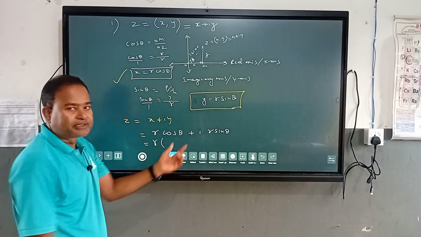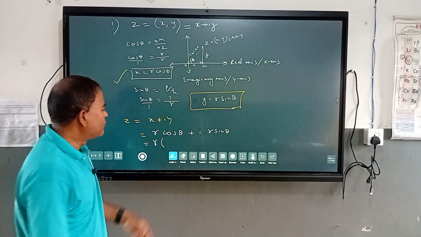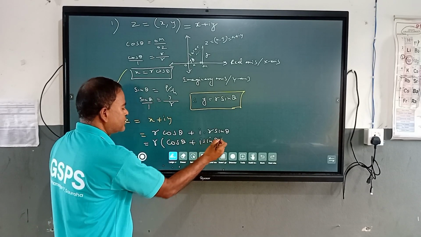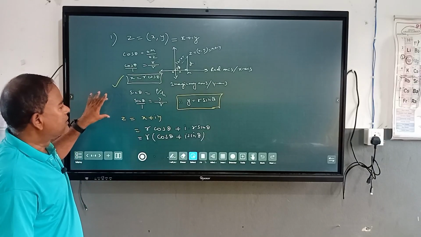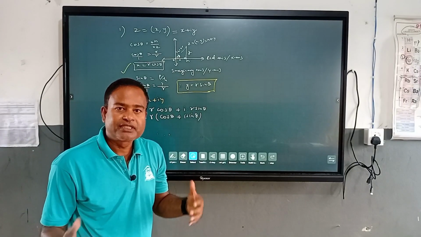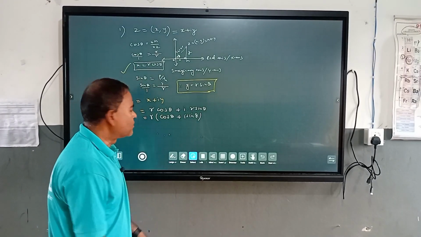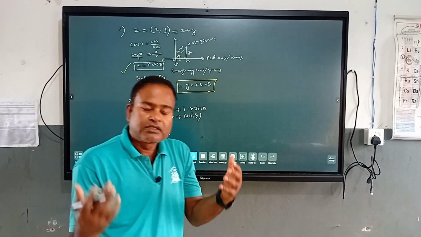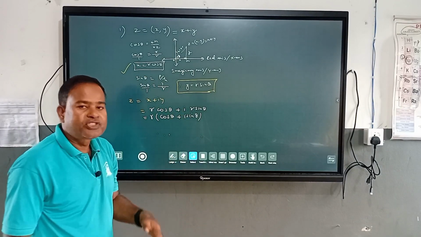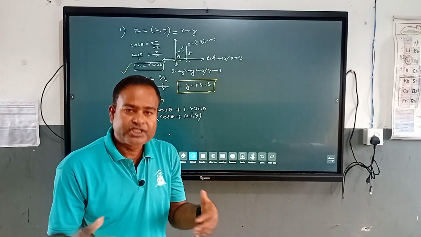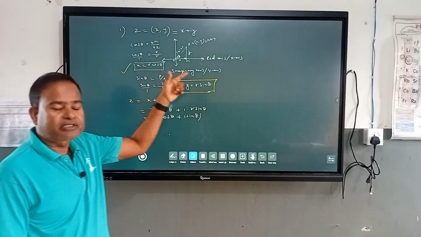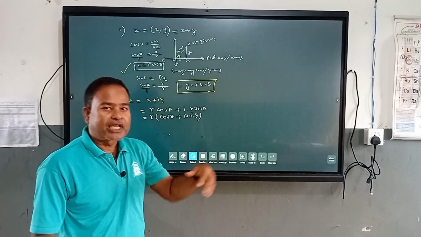So if we take r common from both of the terms, we get r times cos theta plus I sin theta. So dear students, the algebraic form of complex number, which is z equals x plus iy, we have changed into trigonometric form, which is also known as polar form, where x equals r cos theta, the real part of complex number, and y equals r sin theta.